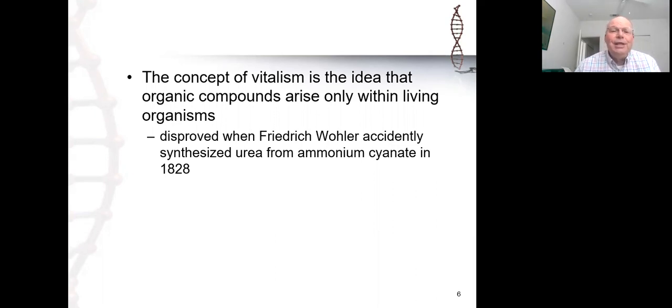In fact, he'd had some inorganic chemicals, not organic chemicals, sitting in that beaker. He had just forgotten to wash it out. And lo and behold, suddenly there appeared in this beaker urea, or crystals that looked like urea. And so he did his chemical tests that he knew would identify the crystals as urea, and sure enough, that's what they were.